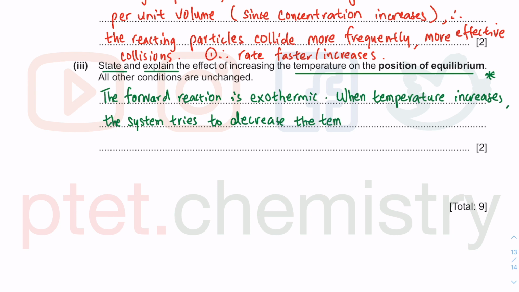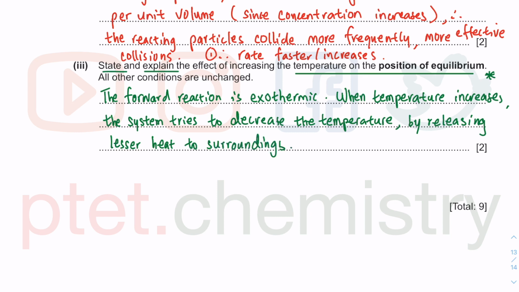And how would it decrease the temperature? If you look back at your first statement, the forward reaction releases heat energy to the surroundings. If you want to make the surroundings cooler, you will release lesser heat to the surroundings. But we also know the forward reaction releases heat to the surroundings.